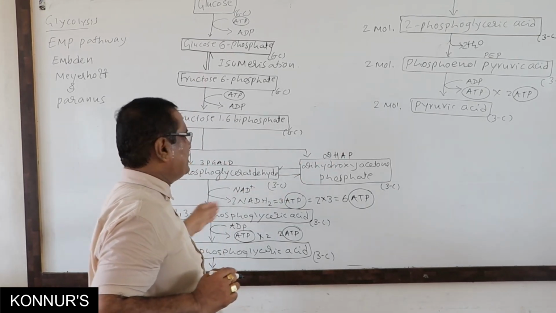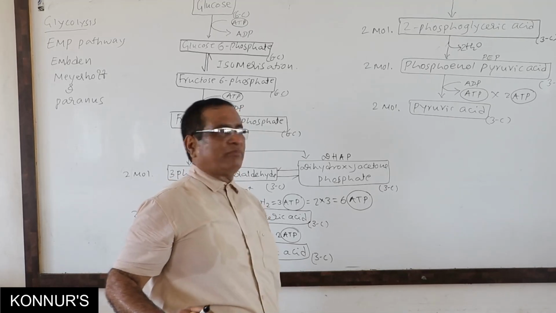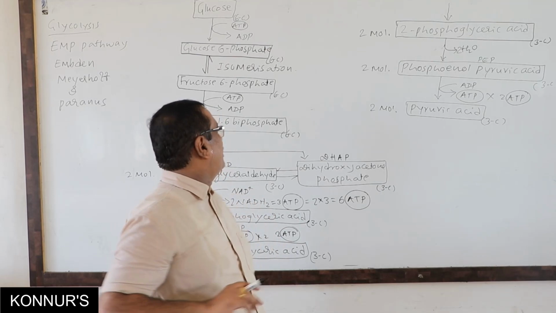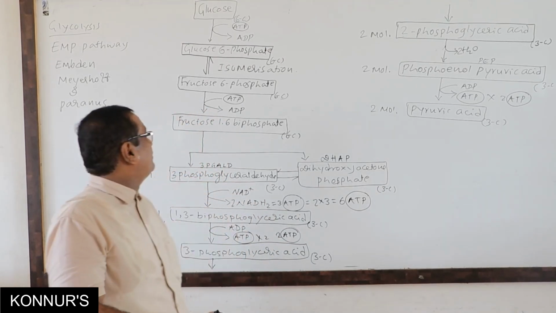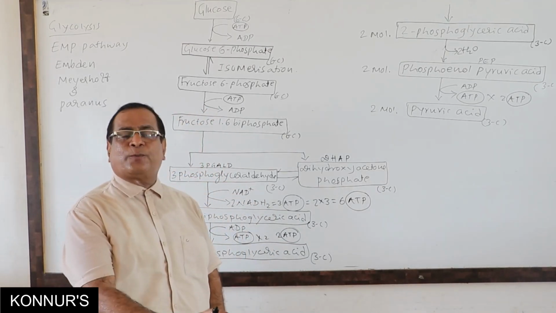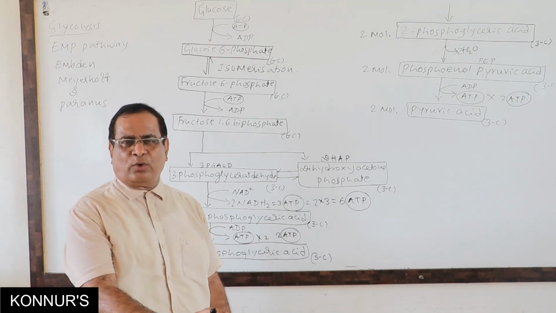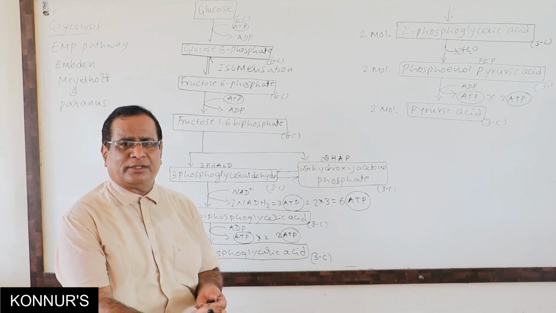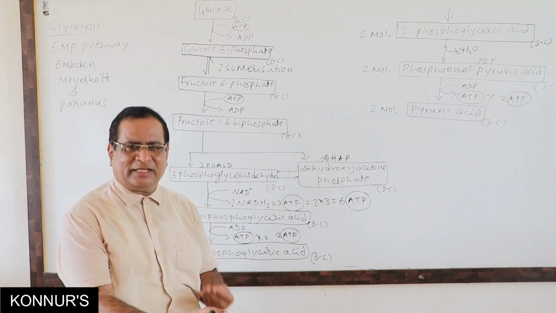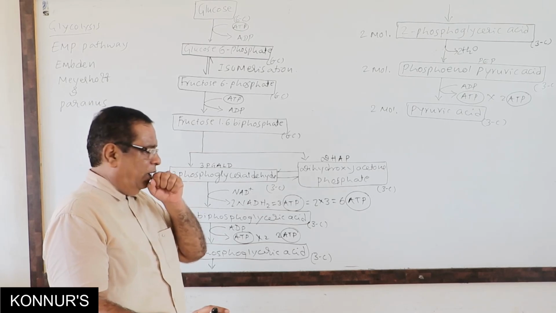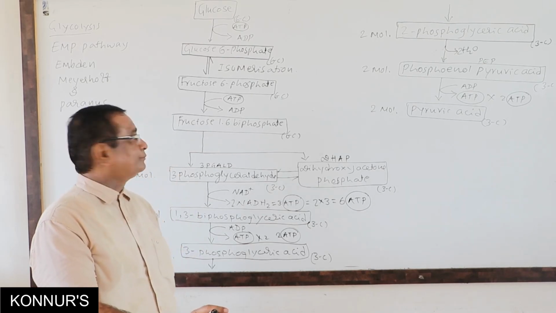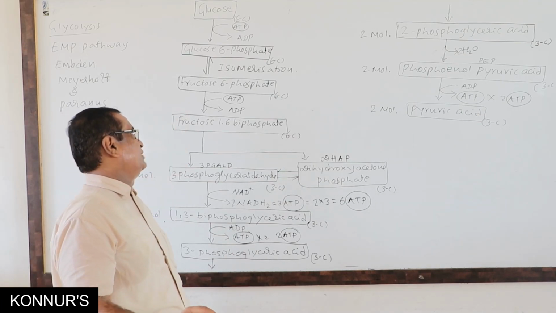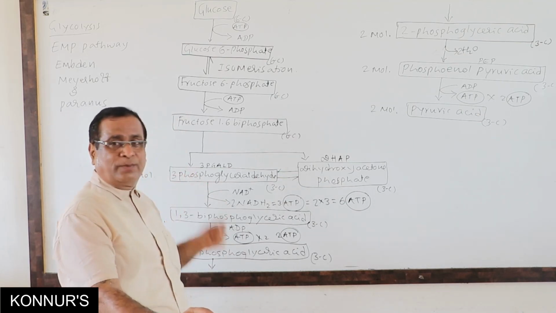These are all stepwise reactions. They can ask about any step individually. Like, when glucose gets phosphorylated, which of the following products is formed? Glucose is phosphorylated in the sense that, if it takes energy from ATP, the product formed is glucose 6-phosphate. And if it undergoes isomerization, fructose 6-phosphate.